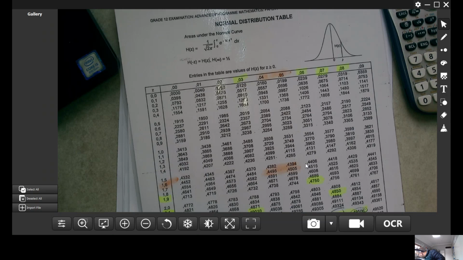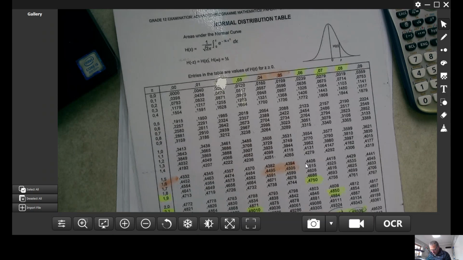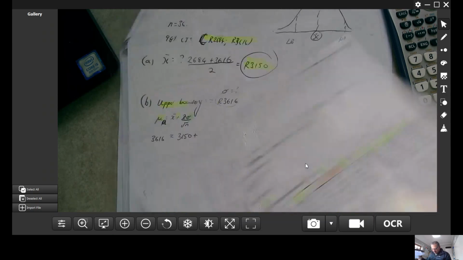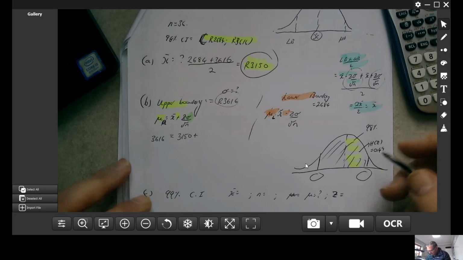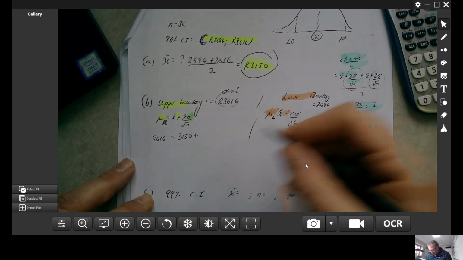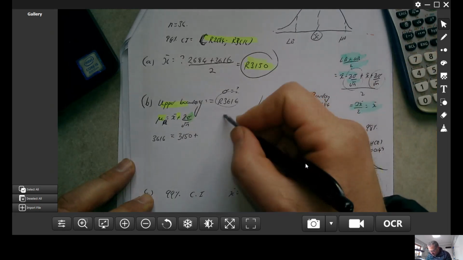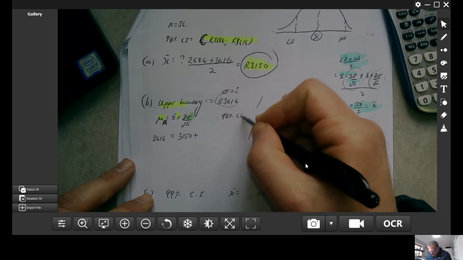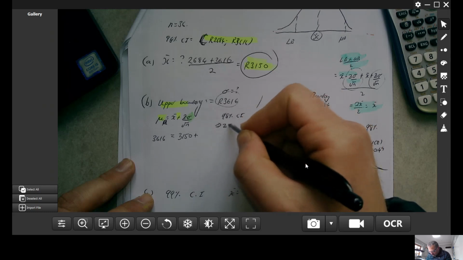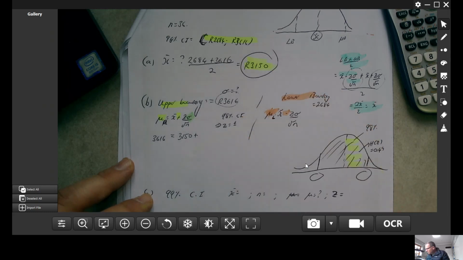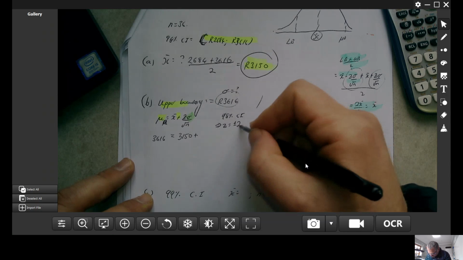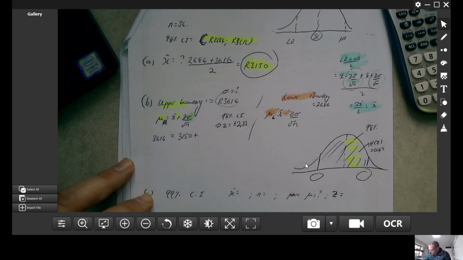Remember, if you're a little bit off, it's not the end of the world. 0.49 is just a fraction over 2.33. Looks right. So a 98% confidence interval implies that z is going to be plus or minus 2.33.